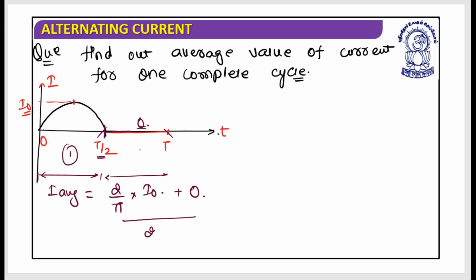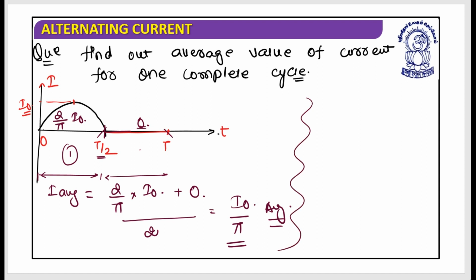So this is equal to I naught divided by pi. That's it. This is the average value in this situation. I hope this is clear. It's I naught by pi. Have you got this? Yes, the average of this is 2 by pi of I naught.